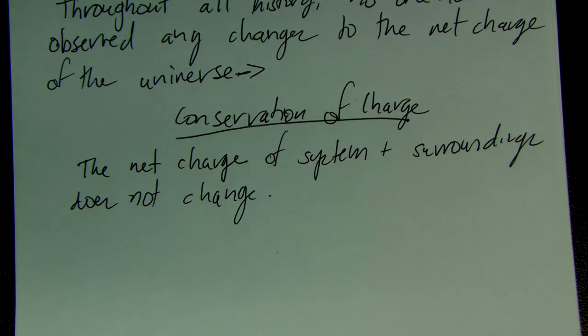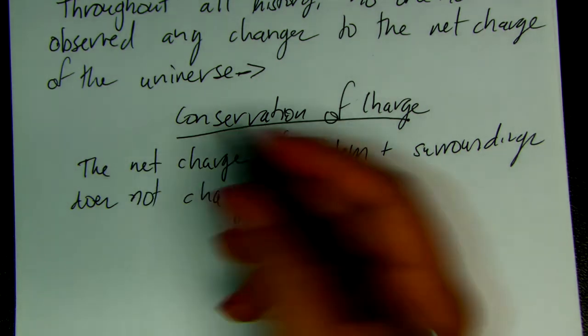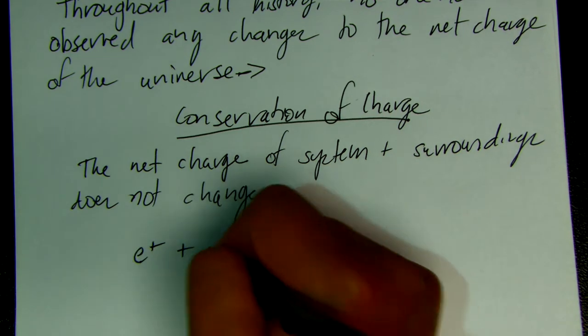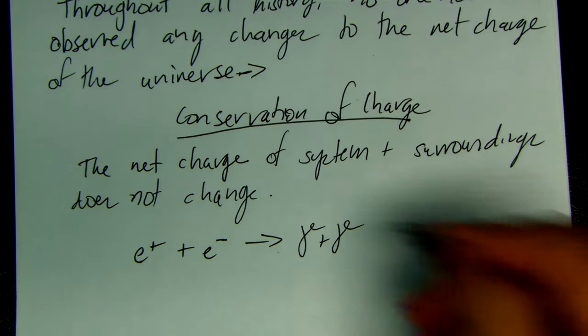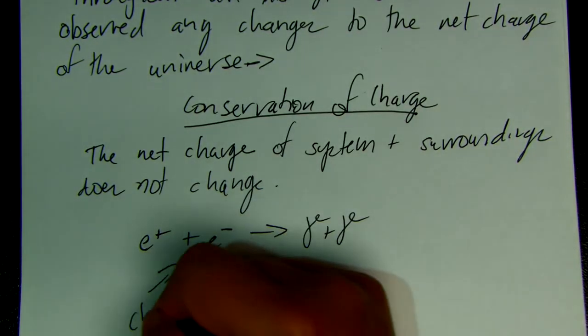And you might be thinking, wait. You just showed us electron-positron annihilation where you get two gamma rays. Surely, if you've got two charged particles that have annihilated each other, that must change charge. Well, let's think about that. We have e plus e minus goes to two gamma rays. Gamma rays are uncharged.